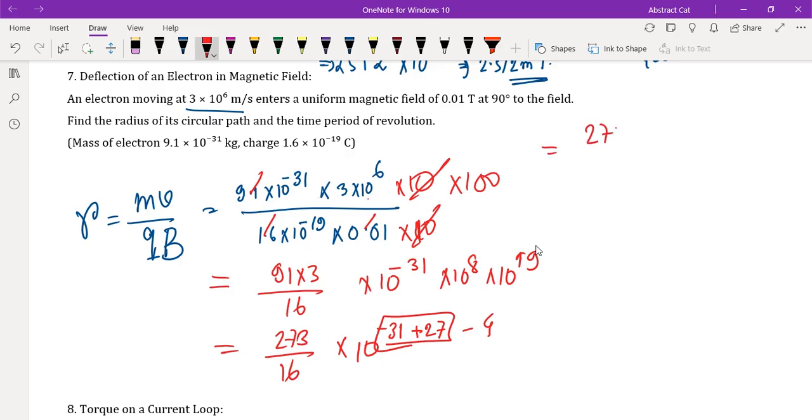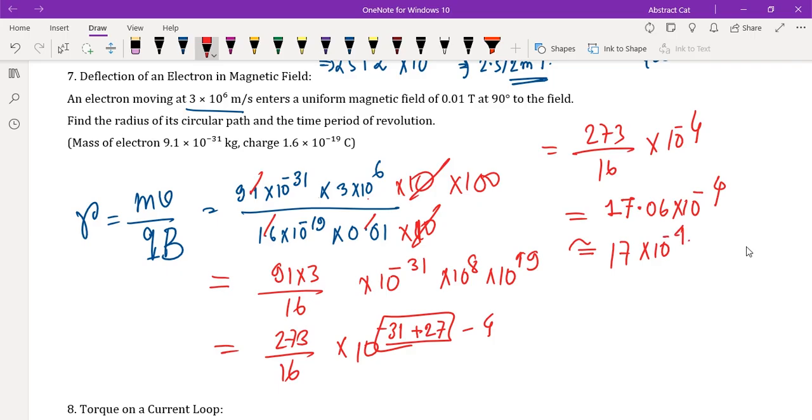So 273 by 16 into 10 to the power minus 4, where 16 ones are 16, 16 sevens are 112. So if I shift, you get almost 17 into 10 to the power minus 4. Okay, that is in meters.